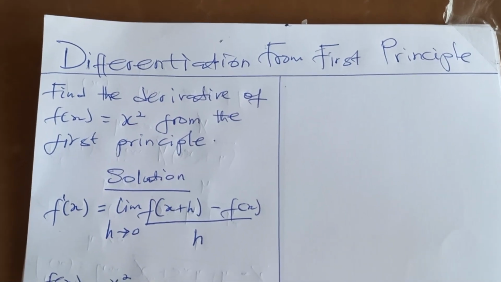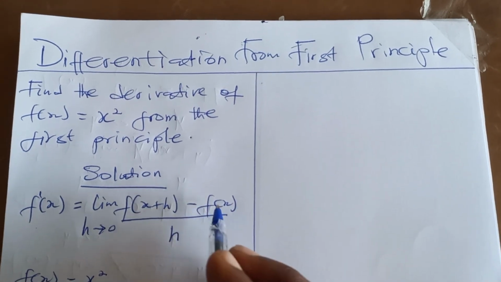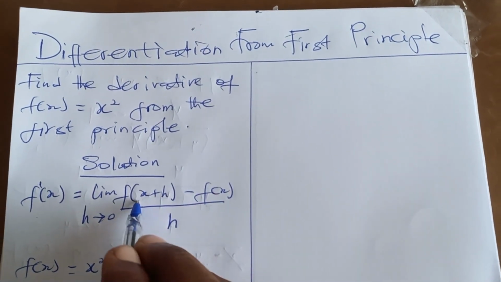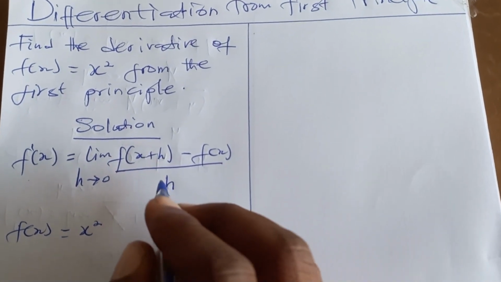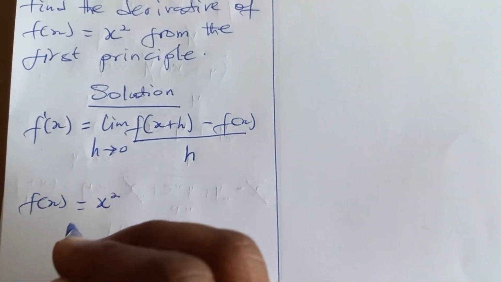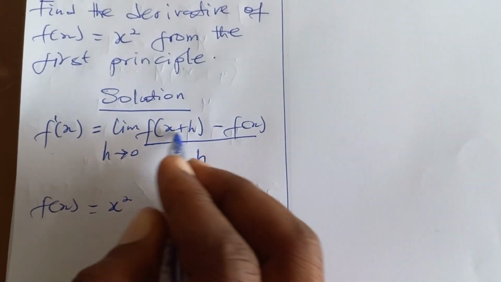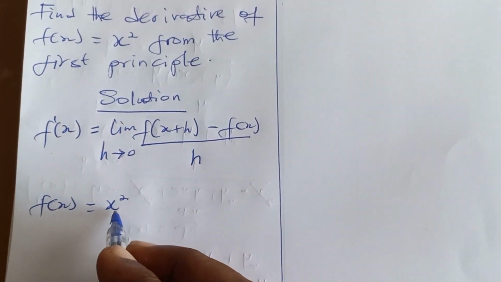Now, this f of x is here. So what we must focus on is the f of x plus h. Okay, now what it means is that we should put whatever that is here into the expression for x.